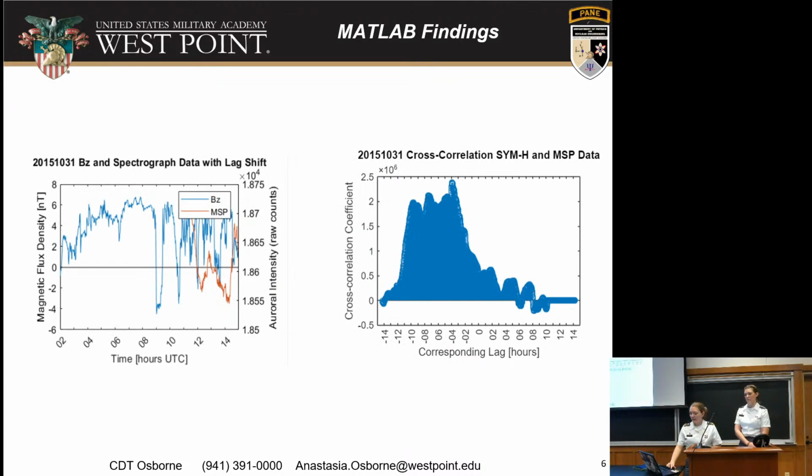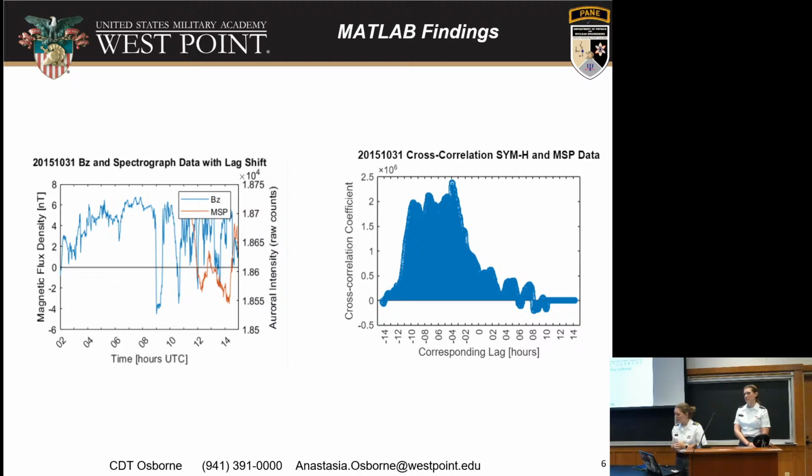So next, we have what we produced from those 4 things. To the left, we have that spectrograph, and to the right is what I really want to draw your attention to, this cross-correlation. This cross-correlation stem plot is a function applied to the magnetic activity and the auroral intensity data that we got.